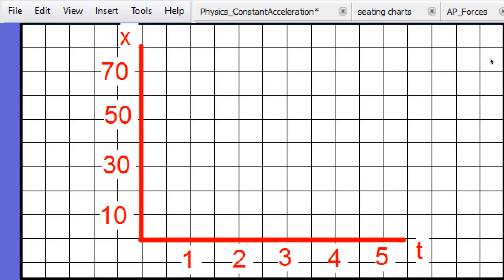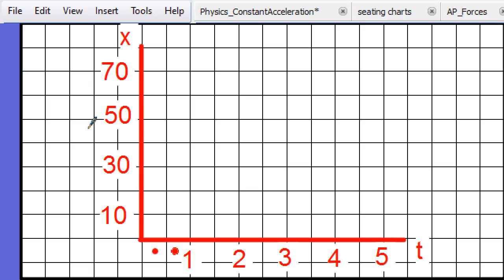Alright, so here I have an example set of axes. Now see that here on time, on the horizontal axis, see how one box is half a second? It takes 2 boxes to get to 1 second.